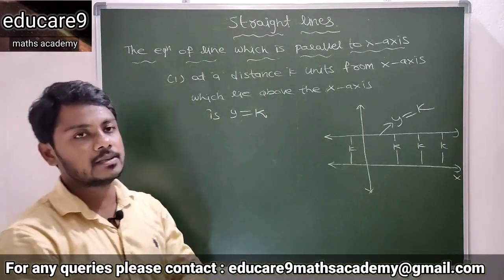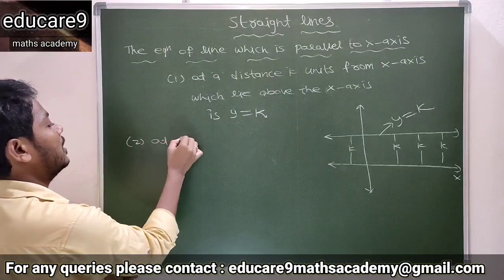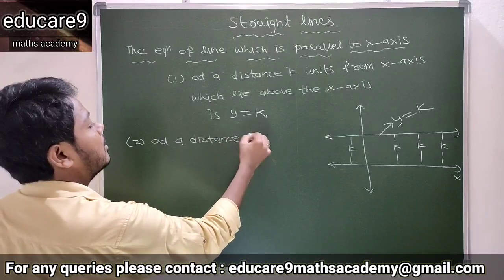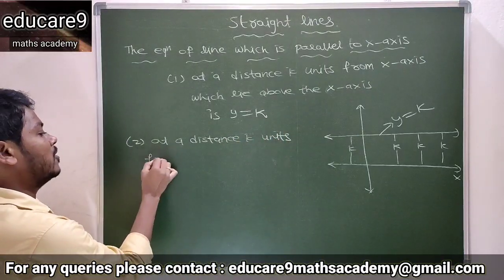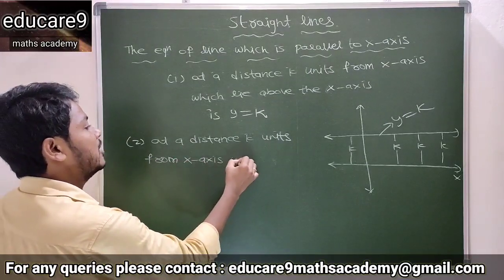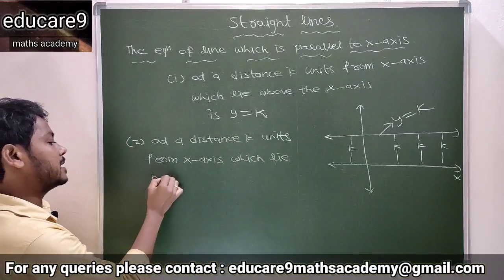This is the first condition. And the second one: at a distance k units from the x axis which lies below the x axis.